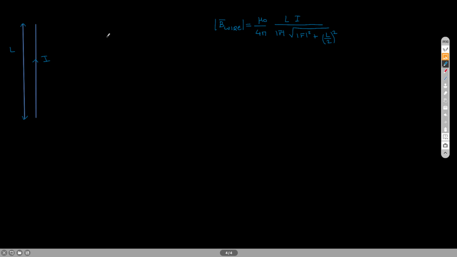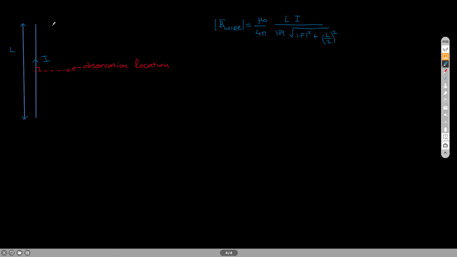Now, when you have a wire of any length L, you can find the magnetic field at here. I'm going to make this the observation location. It is important to remember that this is perpendicular to the midpoint of the wire.